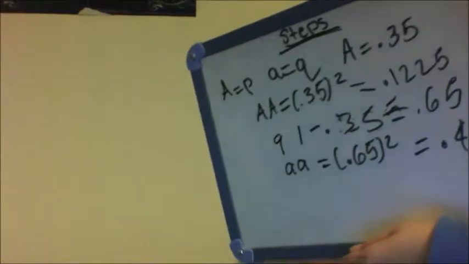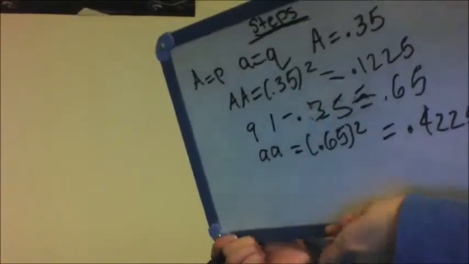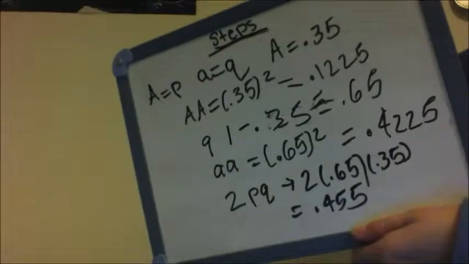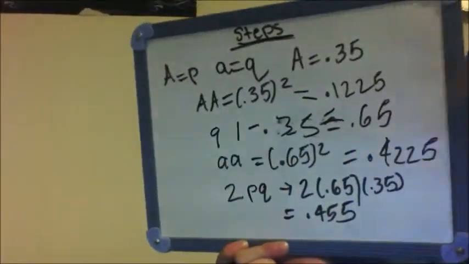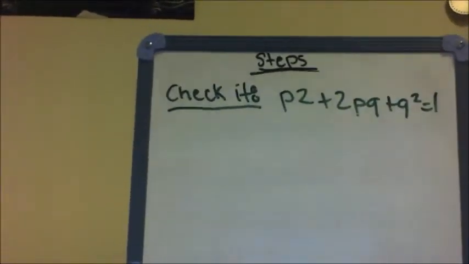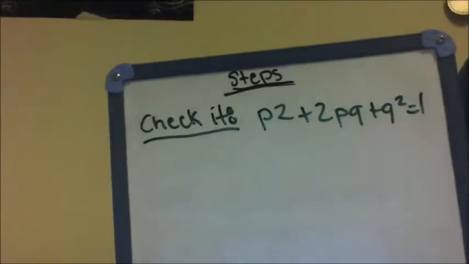Now that we have both homozygous genotypes, we need to find our heterozygous trait. So we're going to multiply 2 times P times Q, and that's going to give us 2 times 0.65 times 0.35, which equals 0.455. And these are all your genotype calculations. We want to check our genotypes to make sure they all add up to 1.